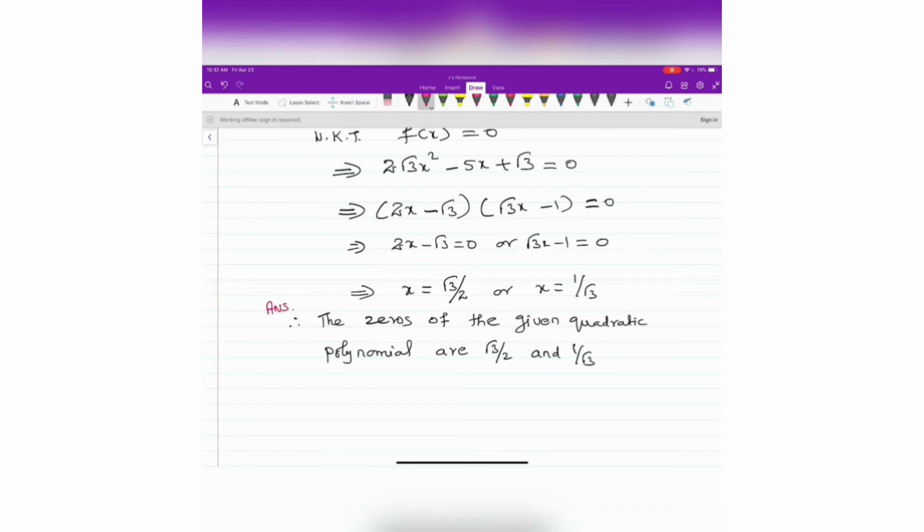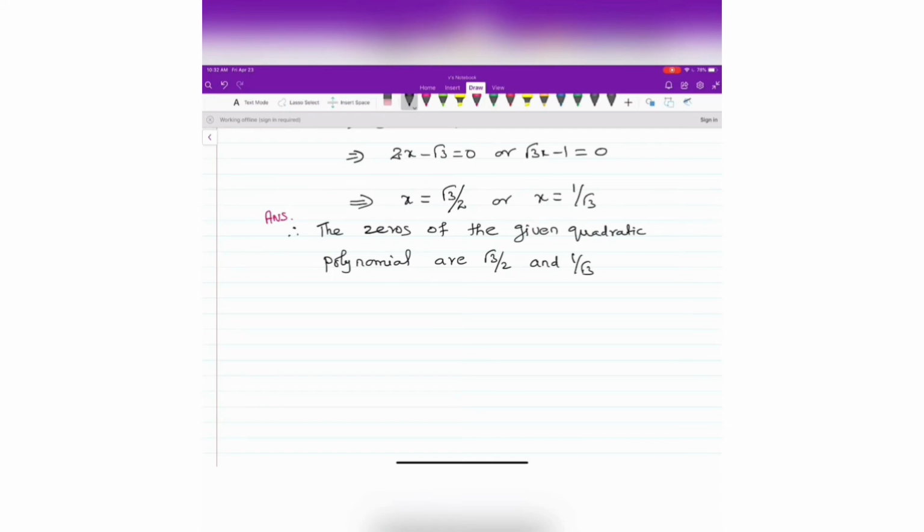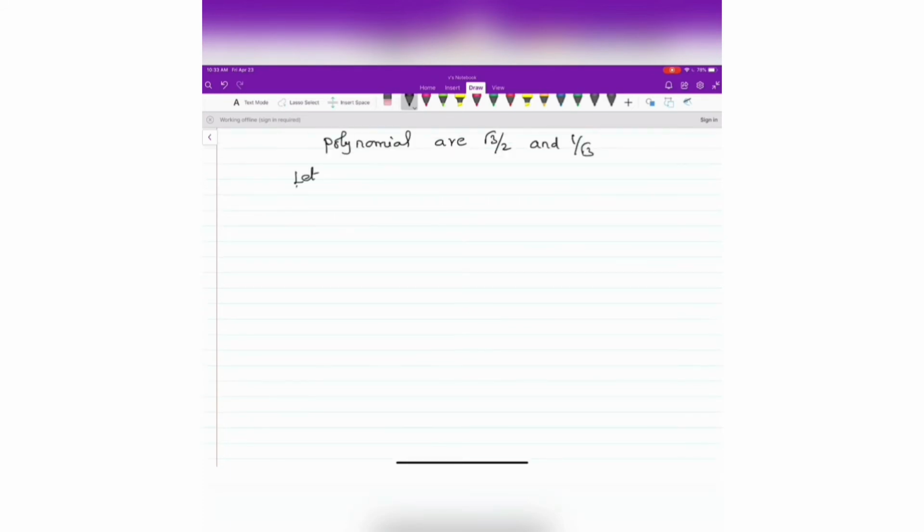Now, our aim is to verify the relationship between the zeros and the coefficients of the given polynomial. Let alpha and beta be the zeros of the given polynomial 2 root 3 x square minus 5x plus root 3.